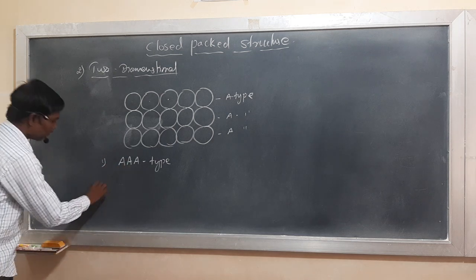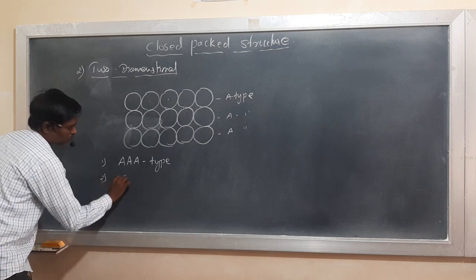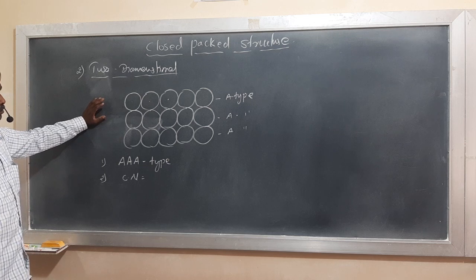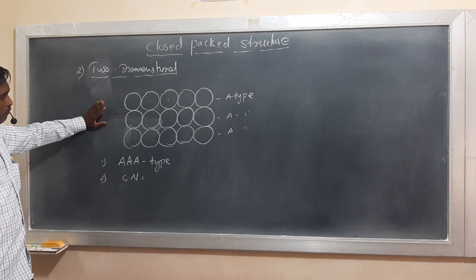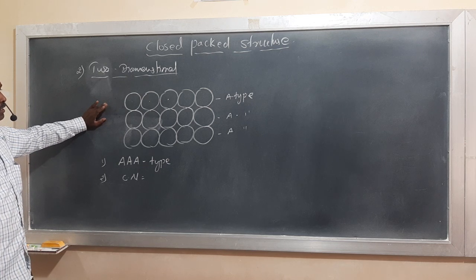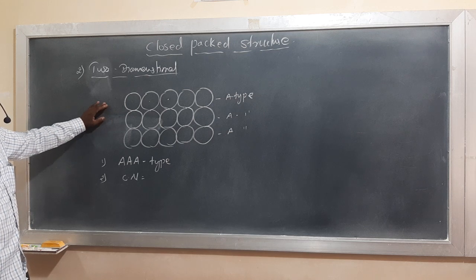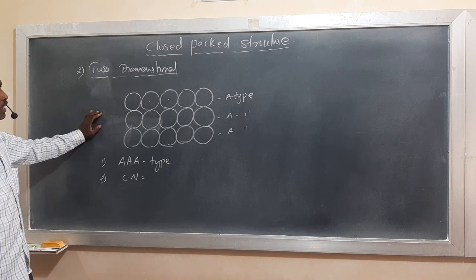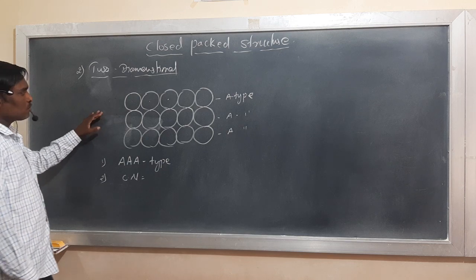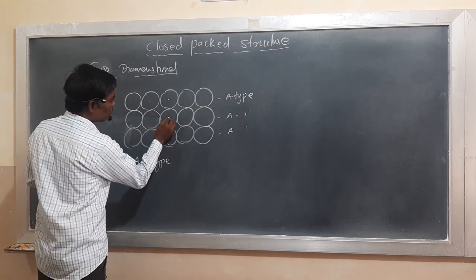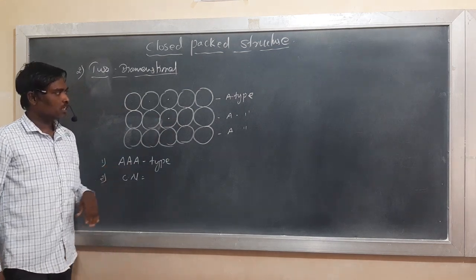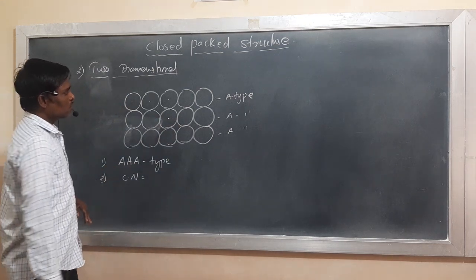Next, let me find the coordination number. The coordination number in this two-dimensional arrangement is found from the nearest neighboring atoms. As I just defined, it is the number of nearest neighboring atoms to that particular atom. For example, the neighbors of this atom are the atoms which are in touch with it.